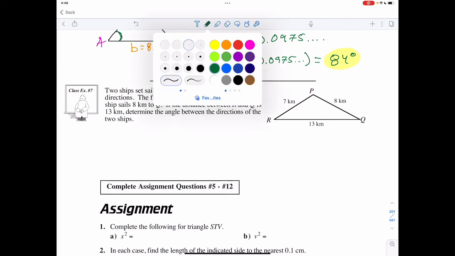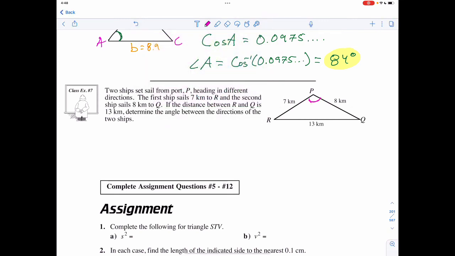Well, they both left from P, so I'm trying to solve based on P. So I'm going to say that cos of P is equal to, right away, minus 13 squared, and this is going to give me 7 squared plus 8 squared, all divided by 2 times 7 times 8.